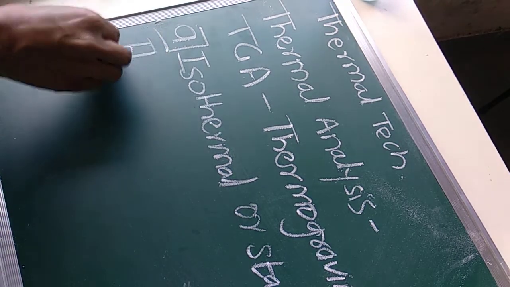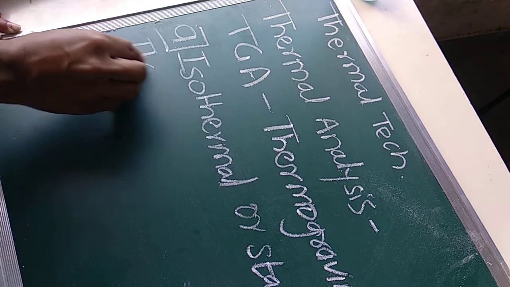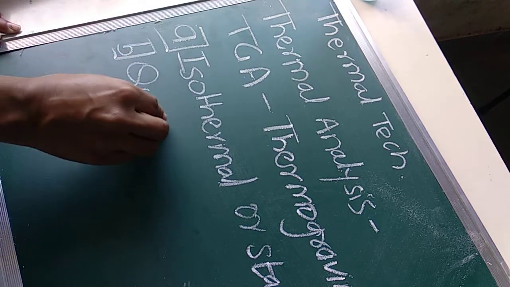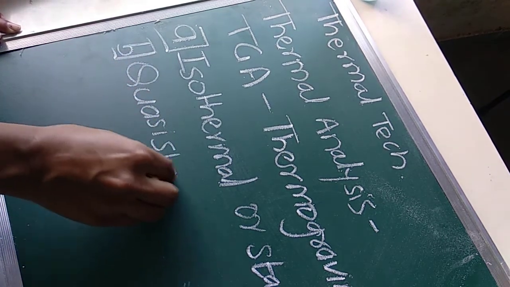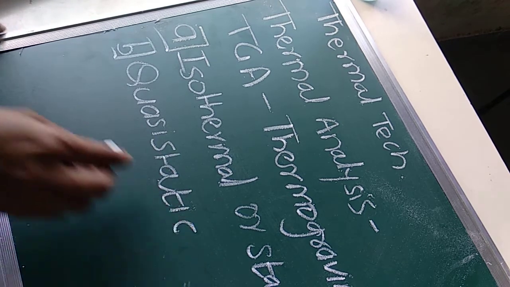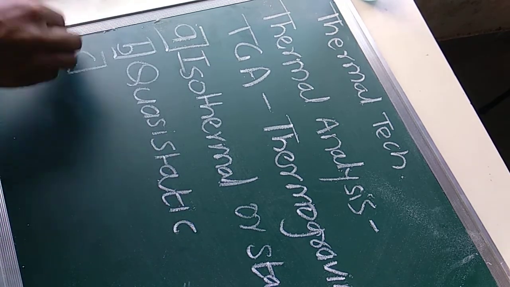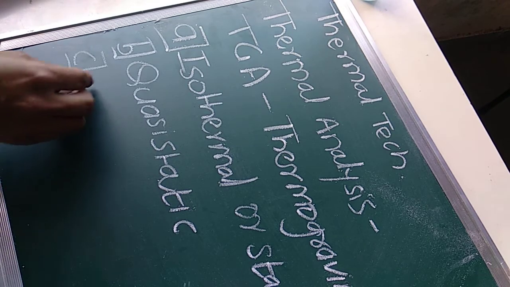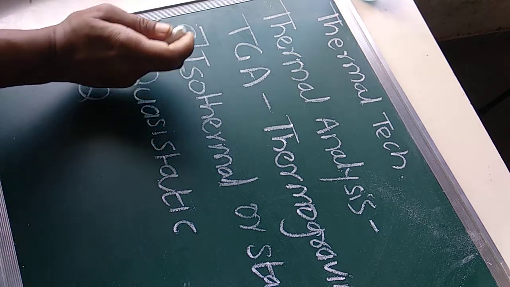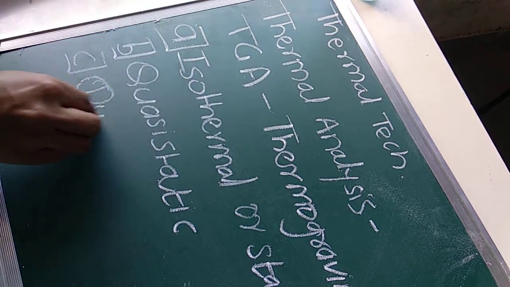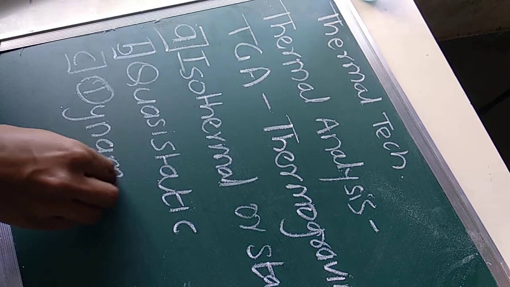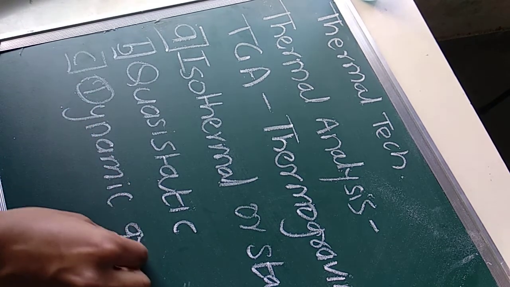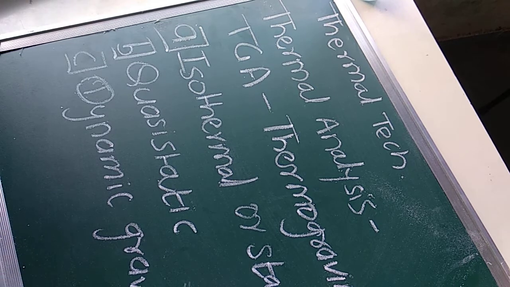The second one is quasi-static gravimetry, and the third type of thermogravimetric analysis is dynamic gravimetry. Let's see them one by one.